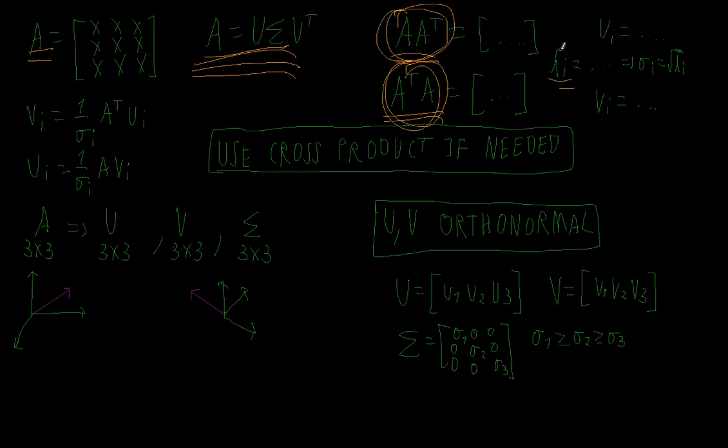Then you find the eigenvalues, lambda sub i, of this A times A transpose or A transpose A, and then you find the associated eigenvectors.